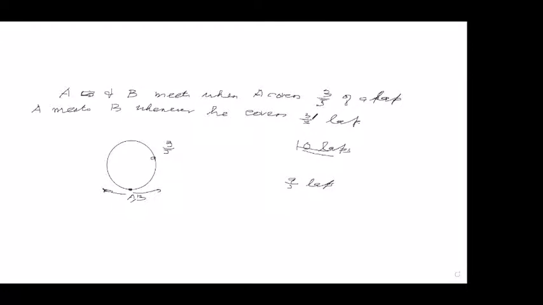if you multiply that by that number, you will get the total distance he travels. So the number of meetings will be 10 divided by 3/5. Now this is the tricky part.